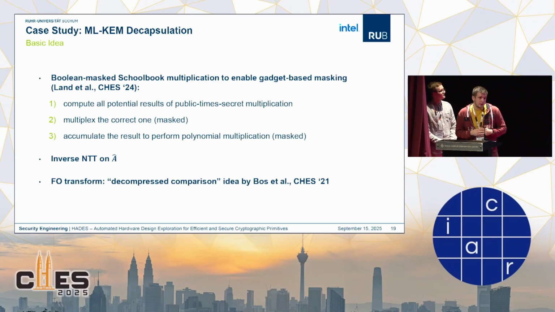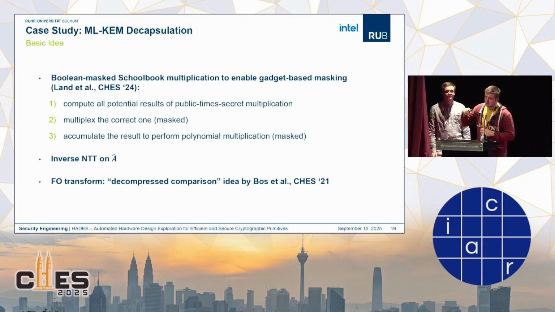And what we can do is, on the coefficient level, first compute all the potential multiplication outcomes, and then in the masked part we just have a multiplexer to select the correct result, and then we obviously need to accumulate all these results with a masked adder. So it's basically a polynomial multiplication by a secure addition.